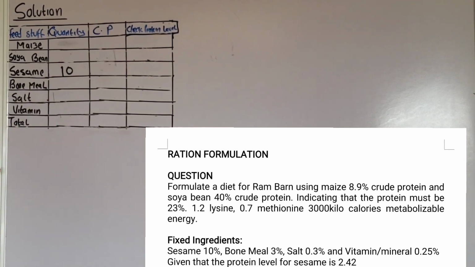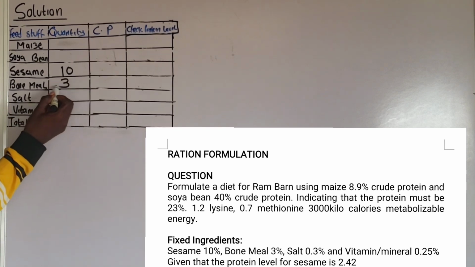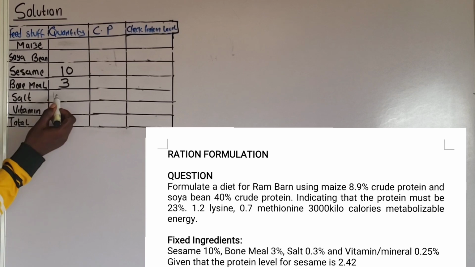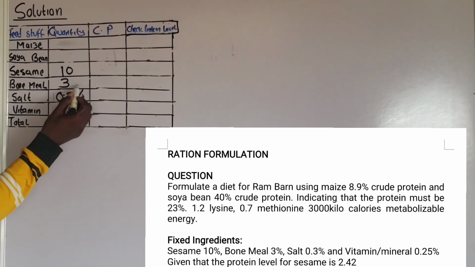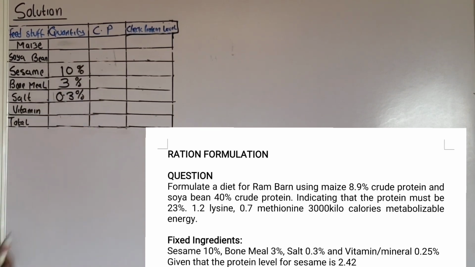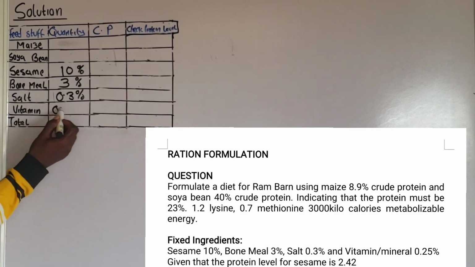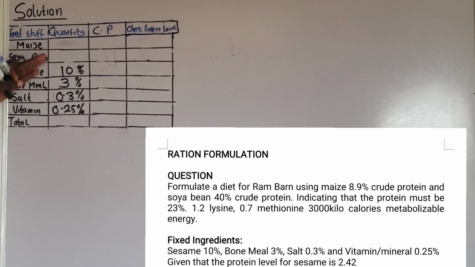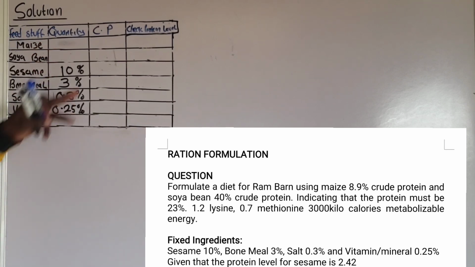And bone meal is 3%, so I'm going to have 3. Then we have salt. Salt is 0.3%, so I'm going to have 0.3. Okay, let's put percent. Now we have vitamin. Vitamin is 0.25%. So now we are not given the quantity for maize and soya beans.